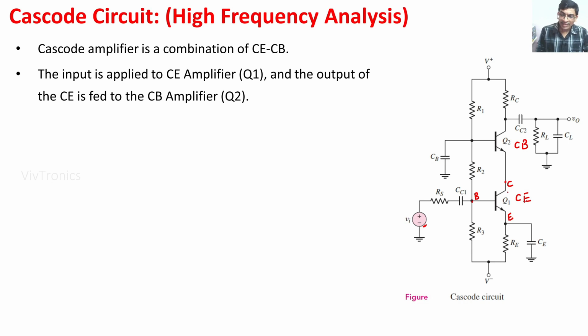The output of stage 1 is given as the input for the second stage. Here the emitter is the input terminal for the common base configuration, therefore the output of stage 1 is given to the input of stage 2. From the collector of stage 1, the output is transferred to the emitter of stage 2.